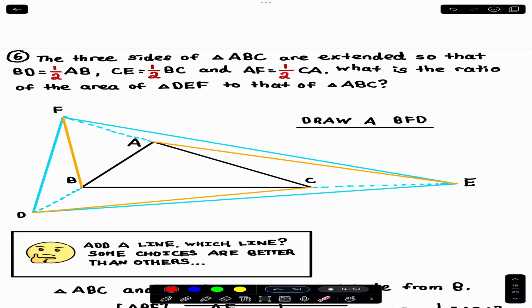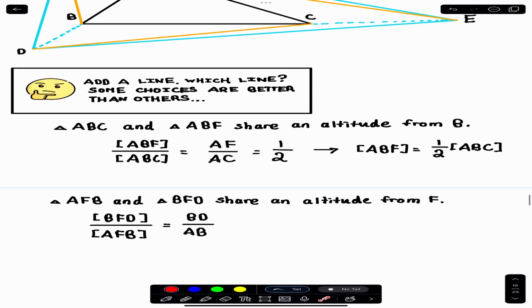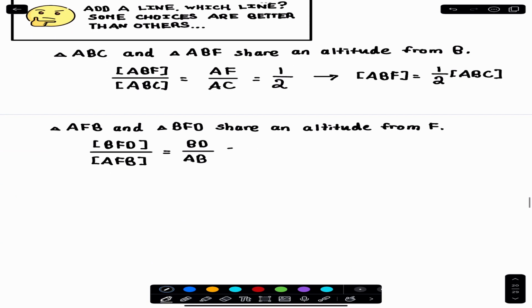Notice that BD over AB from the start is once again 1 over 2.